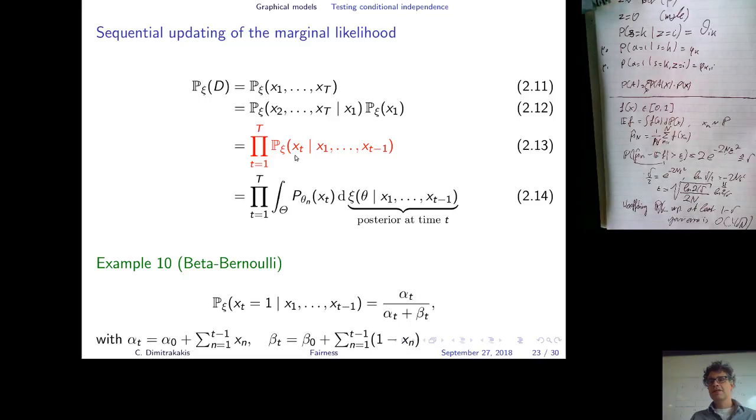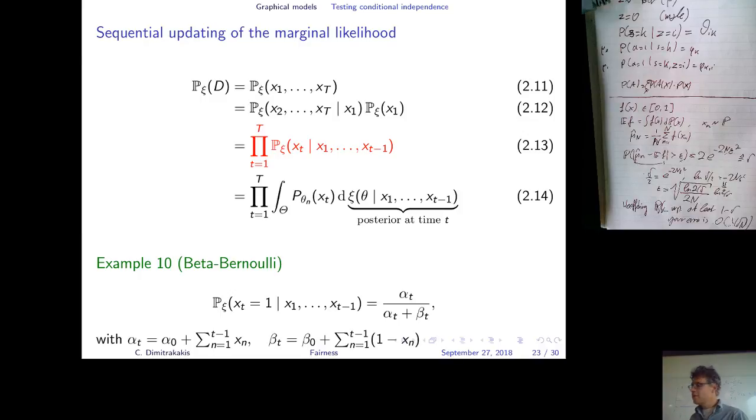And we have an example, the Beta-Bernoulli example. In the Beta-Bernoulli example, the probability of x equal 1 given all the previous data is basically this ratio of posterior parameters. It's essentially the number of times x was 1 and the number of times x was 0, plus a constant for alpha and for beta, which are the prior parameters.